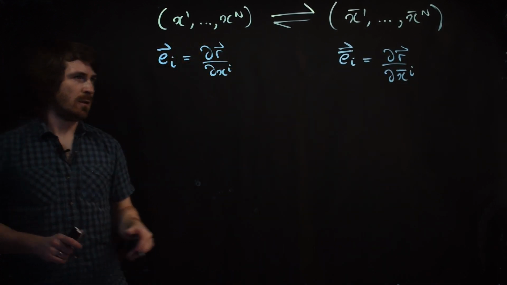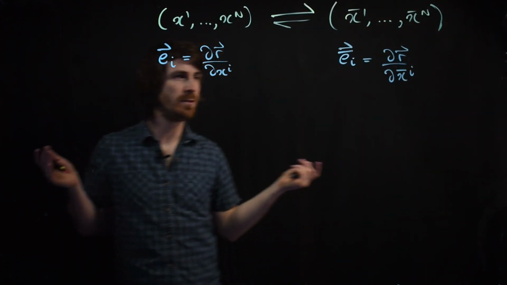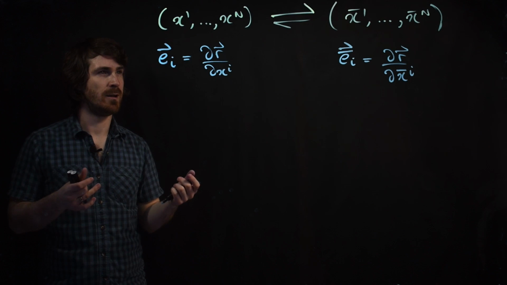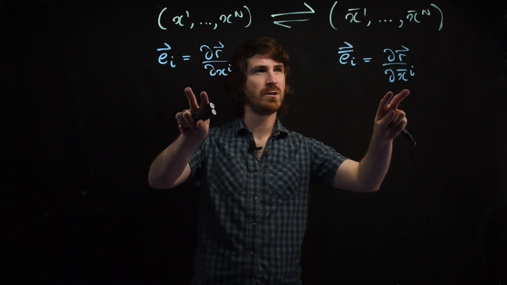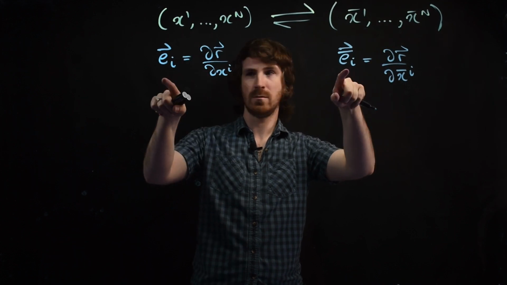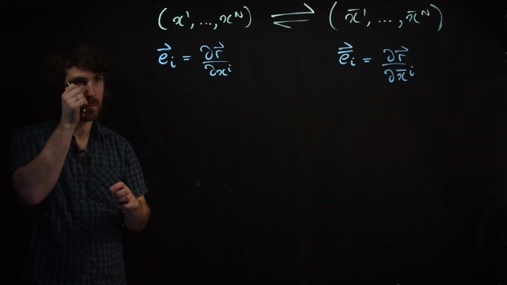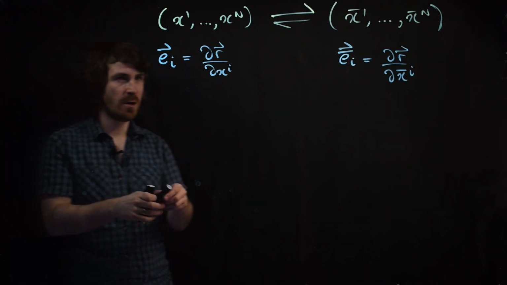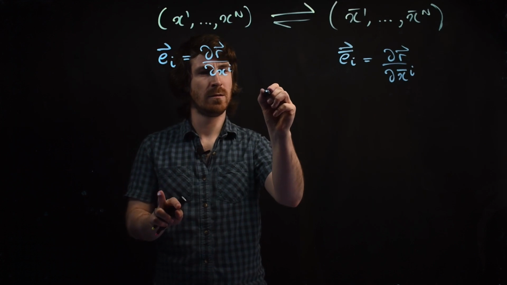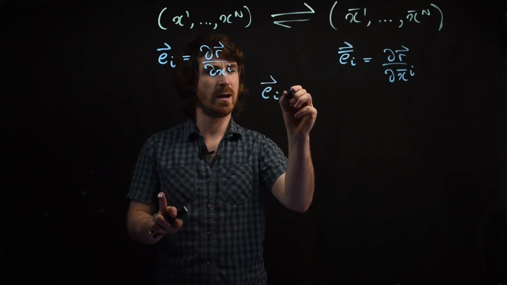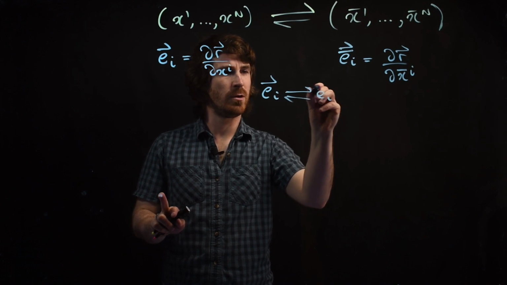It's a vector that lives independently of any coordinate system, but in each case we've chosen a coordinate system, and thus a natural set of basis vectors. The question is, how are e i and e i bar related? How can we express e i in terms of e i bar?